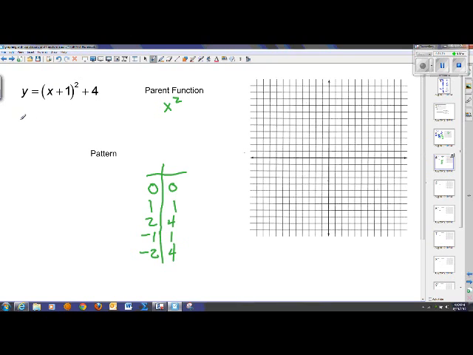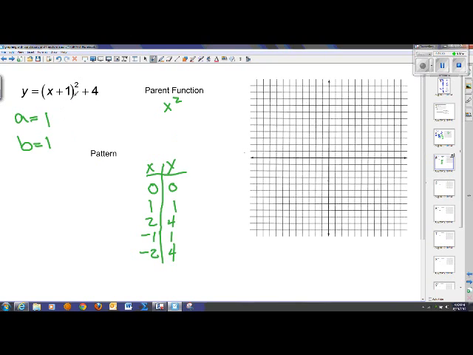I notice that my a value again is 1. My b value again is 1, which means there are no multipliers on either my x or y values, where the left side is my x and the right side is my y.